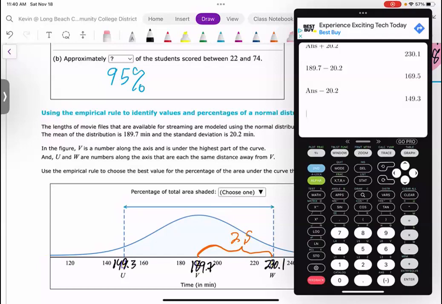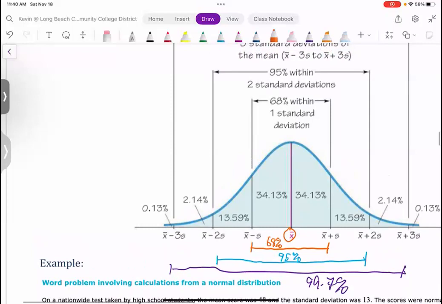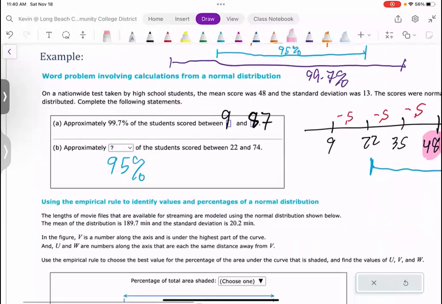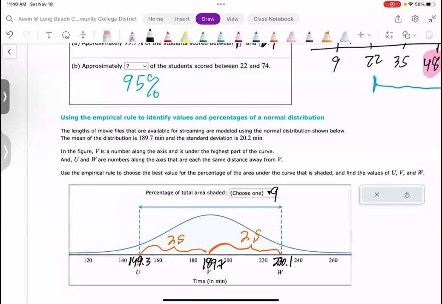And once again, we are exactly 2 standard deviations away. So if we are 2 standard deviations away, I'm going to go back to my empirical piece here. We can see that means that we're at 95%. That's the answer there. I hope that was helpful.